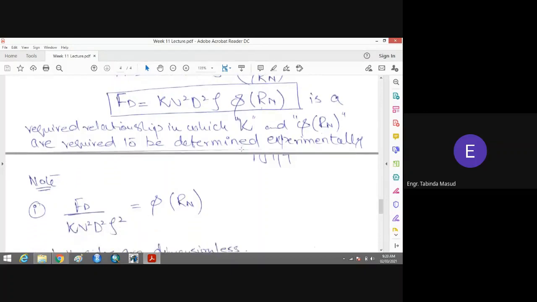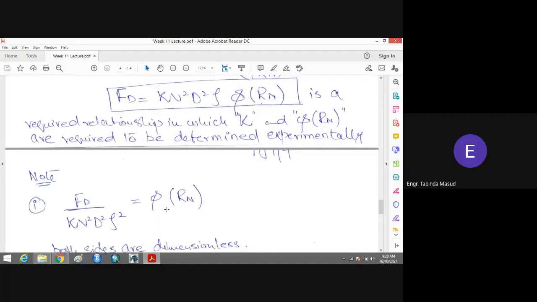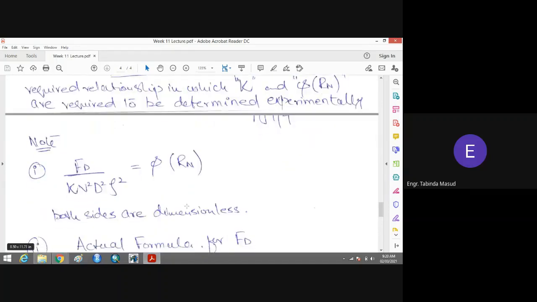Remember the check on whether you have done this analysis correctly or not. Here you have a check. If you look at this, drag force divided by K into square of V into square of D into square of density is equal to a function of the Reynolds number, then both sides should be dimensionless.